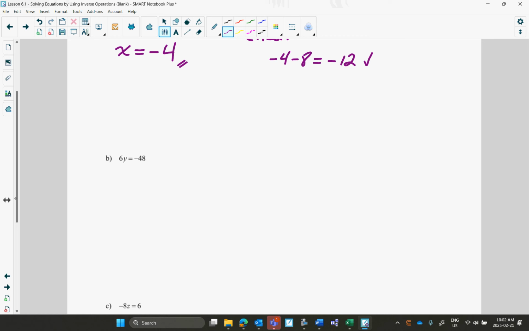So it's y times 6 or 6 times y. So you're right. I have to get rid of the times 6 by dividing by 6. Remember, we wouldn't subtract 6 there because it's multiplication, which means I'm going to divide this side by 6. So my answer is going to be y equals, careful, -8.